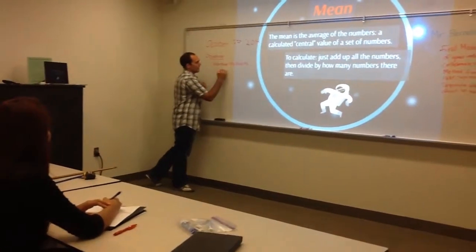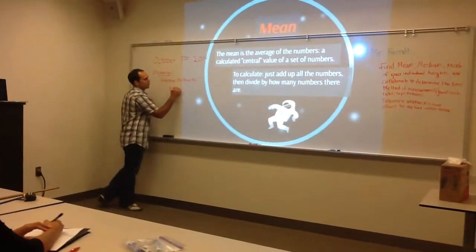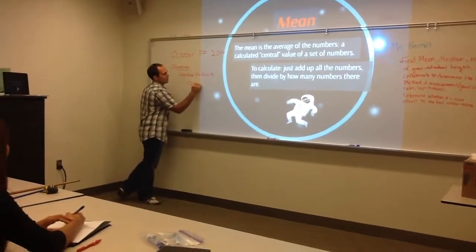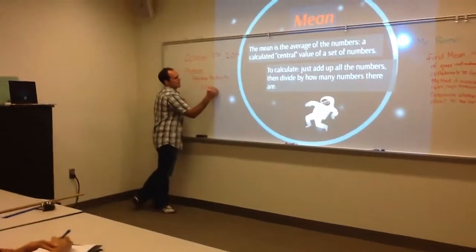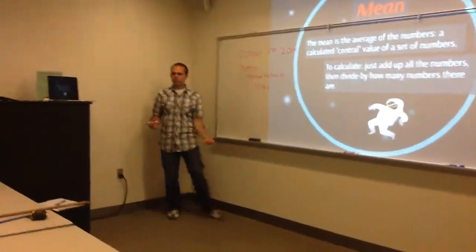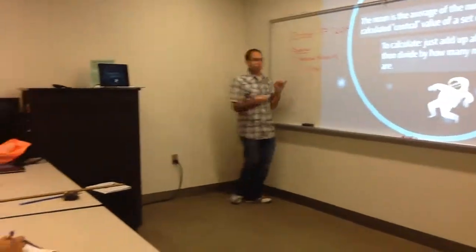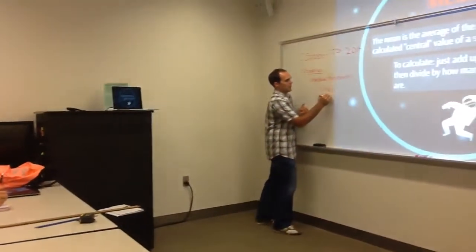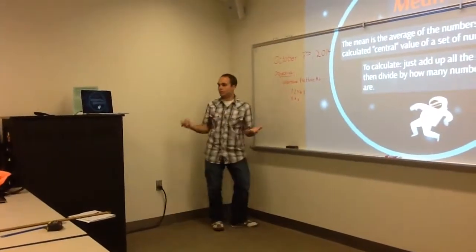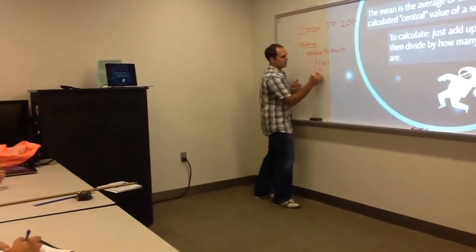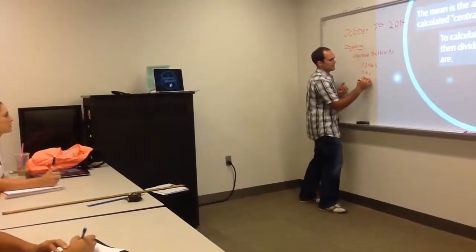So, we have 1, 2, 4, 6, and 3. So, what's 1 plus 2? 3. 4 plus 6? 10. And a 3, what's 3 plus 3? 6. 6 plus 10 is 16.